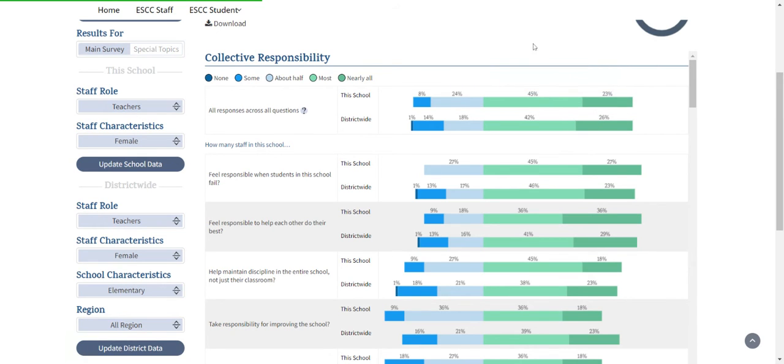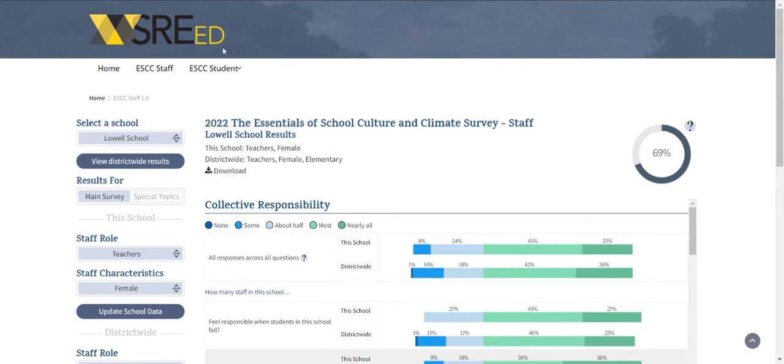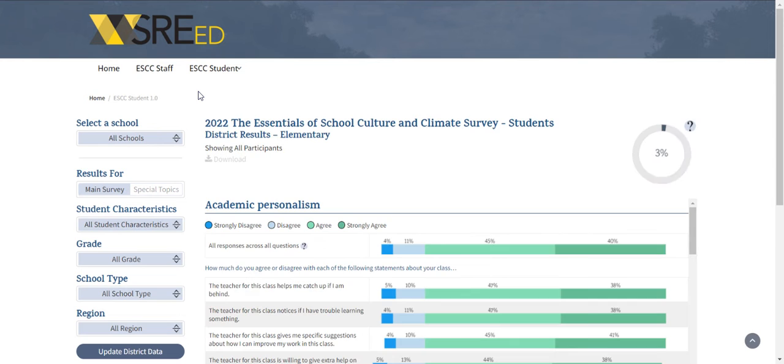So now I can look at the results of my staff or my female teachers, if I'm a principal in the school, compared to the results of female teachers across the district, to see if there are any differences in their perceptions. Now, if I look at the student data, it has the same basic structure.